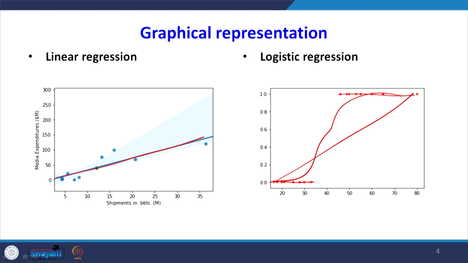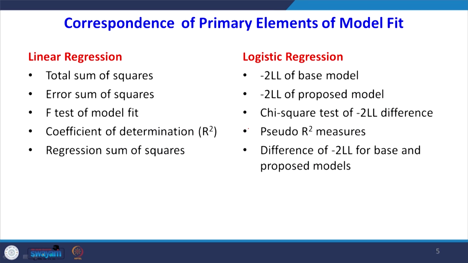That is another difference between linear and logistic regression. In the y axis, for linear regression the range is, for example, 0 to 300, but in logistic regression the y value is nothing but the probability, whereas in linear regression the y values are the actual values.